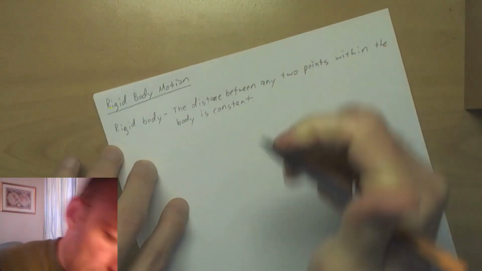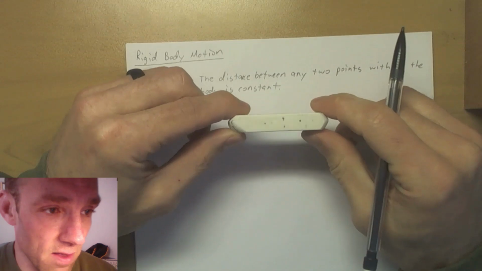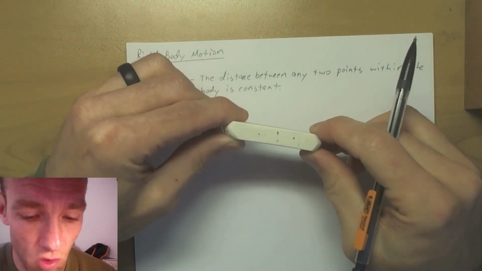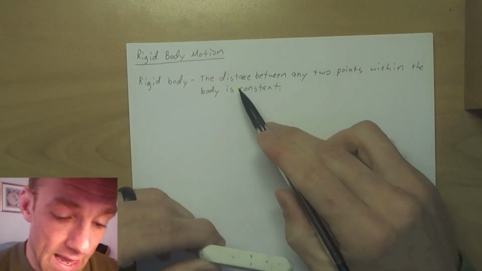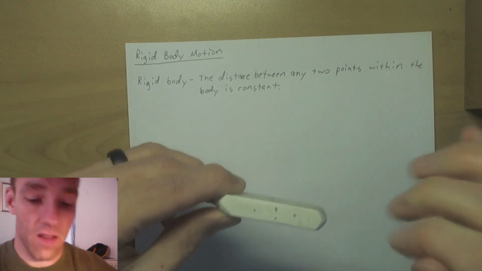So any body can be thought of as a collection of particles, associated with one another. And it's rigid if the distance between any 2 points within the body is constant.